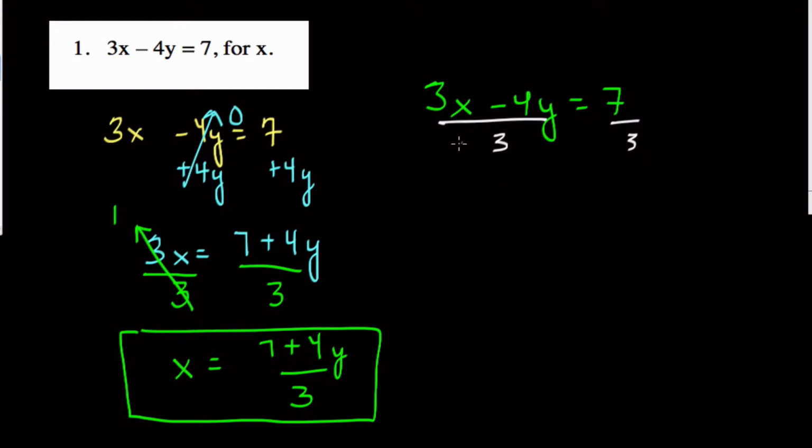You can. But what you have to remember is that when you divide this 3x minus 4y by 3, you can't just divide this 3 into the 3x term. You have to divide it into both terms. You have to distribute it. It has to go into the 3x term and into this negative 4y term. So let me rewrite this. This 3x minus 4y over 3 is the same as this.